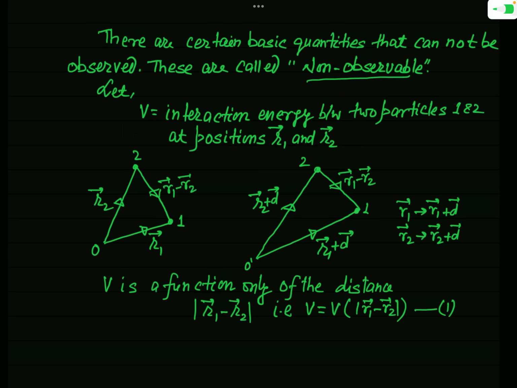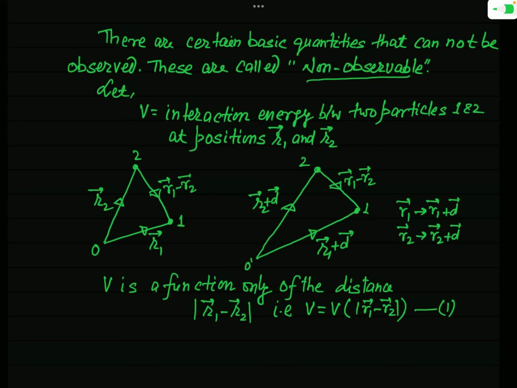It means you can say that with every non-observable there will be a symmetry, and this fact will be explained in this lecture. So let us understand this idea that the root cause of the symmetry principle is the assumption that it is impossible to observe certain basic quantities, which are called non-observable, and we will illustrate this fact by taking a proper example.